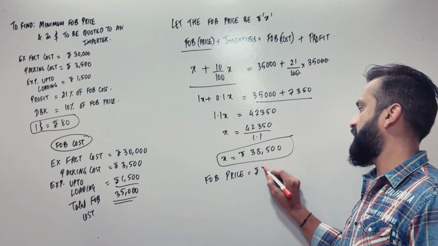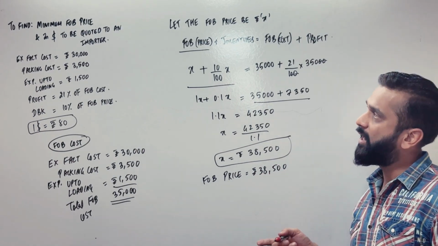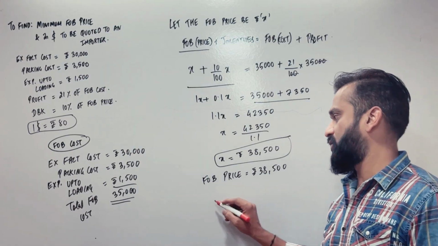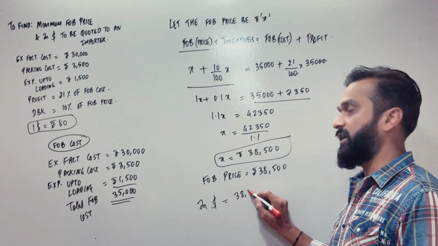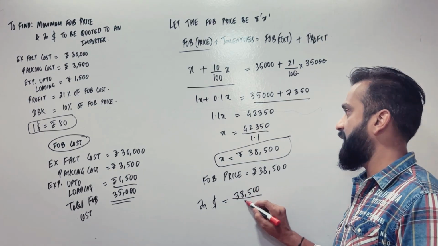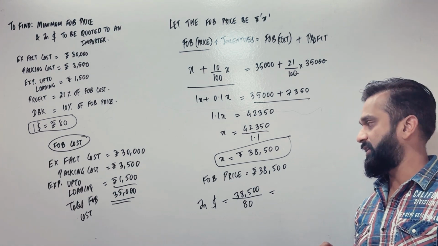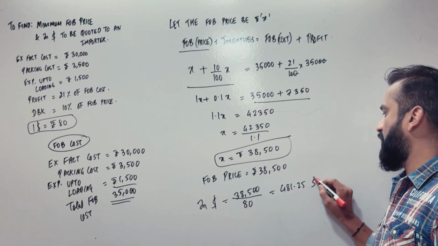So your FOB price is rupees 38,500. So I can calculate the amount to be quoted to an importer in dollars. In dollars, your price will be 38,500 divided by 80 rupees per dollar. So 38,500 divided by 80, you will get $481.25.